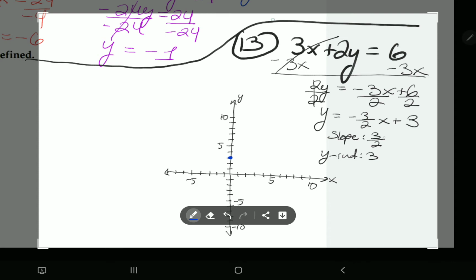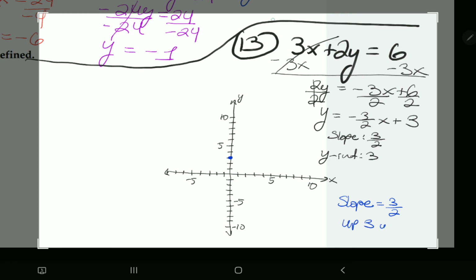So my numerator here is 3, so from my y-intercept, I'm going to move up 3 units. My denominator controls if I go left or right, which means because it's positive, I'm going to go right 2 units.